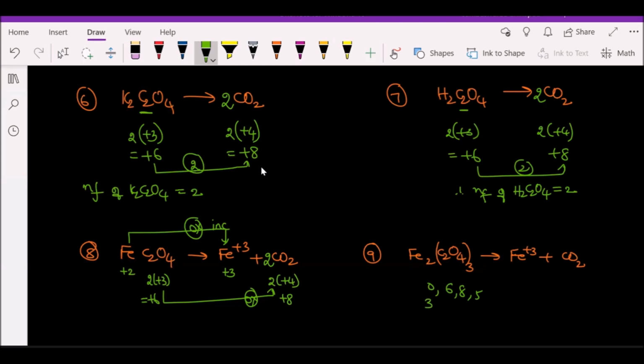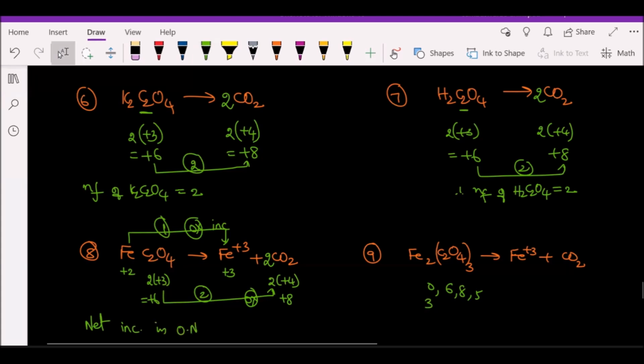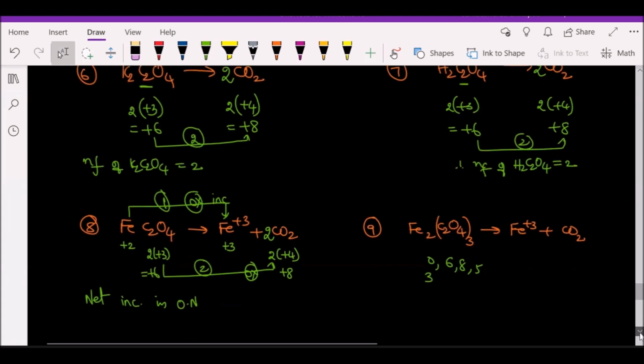Total increase or total decrease? +2 to +3, the increase is 1. +6 to +8, the increase is 2. So what is the net increase in oxidation number? The net increase in oxidation number, that is also per molecule, a compulsory condition. Per molecule.